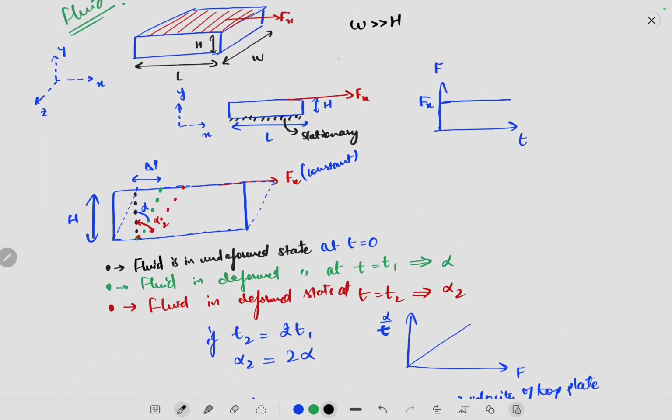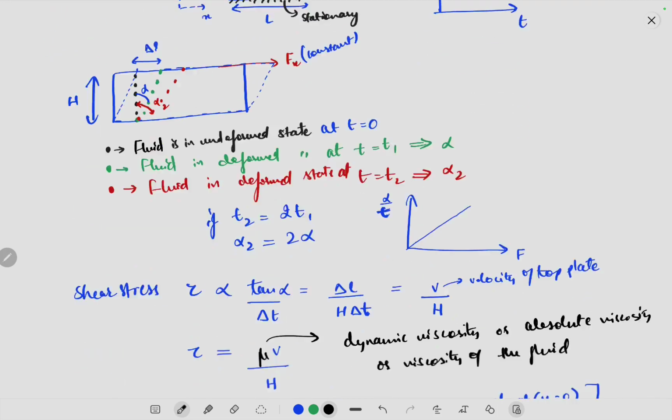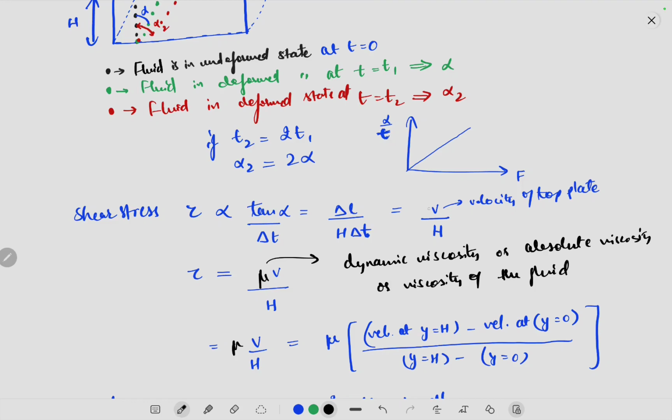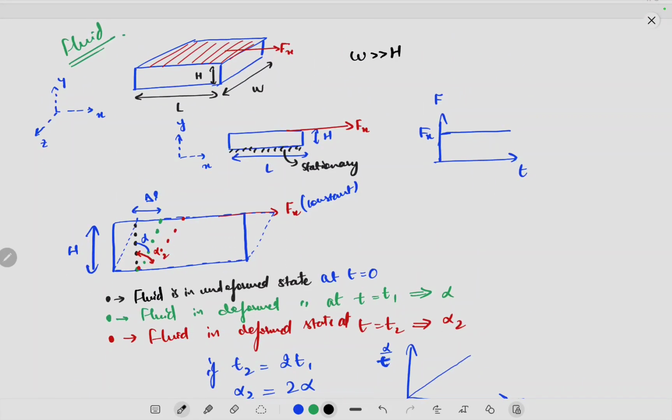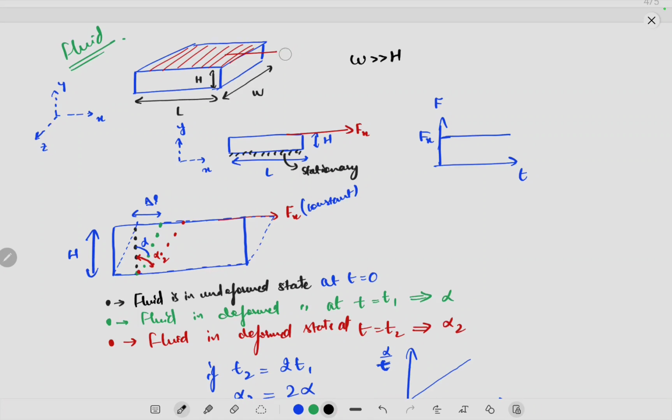When a continuous force is applied on the top plate, this top plate would accelerate and would not have a constant velocity, like I said here, as v. So this analysis is not done for a continuous force like we did for solids. In this analysis we say that this top plate moves with a velocity, let's say v, and this force Fx is not there.